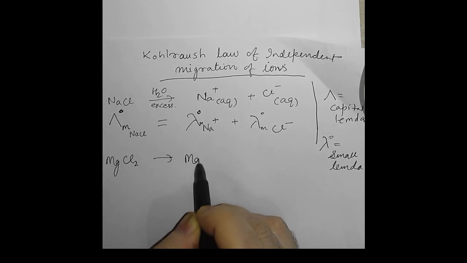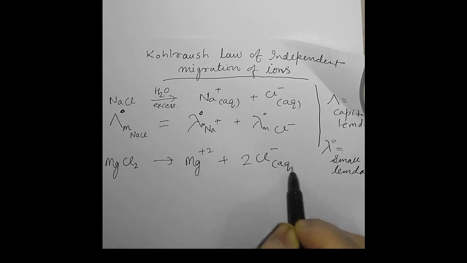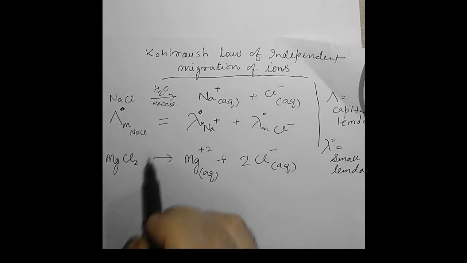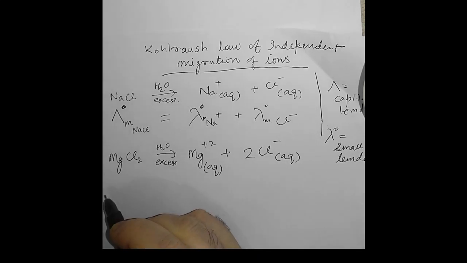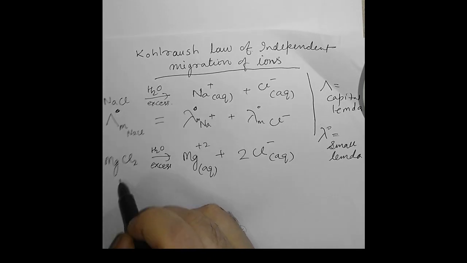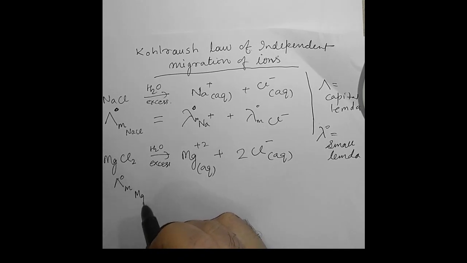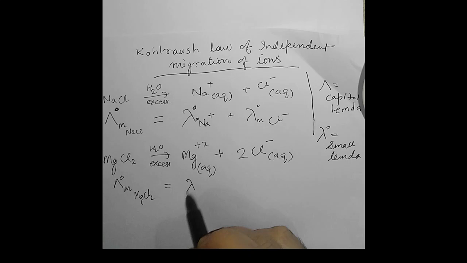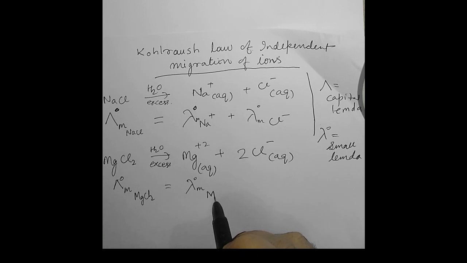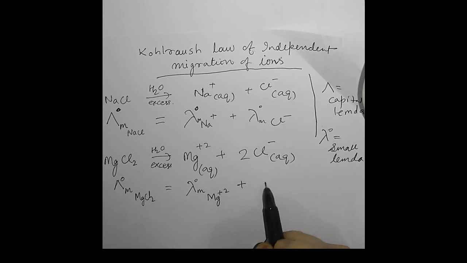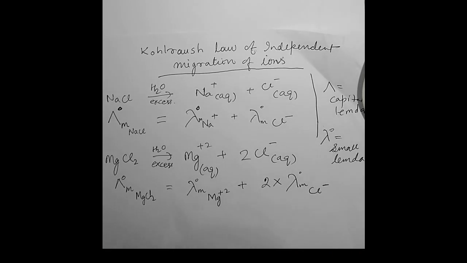MgCl2 will break as Mg2+ plus 2Cl- aqueous in the presence of excess water, that means at infinite dilution, such that the molar conductivity at infinite dilution of MgCl2 will be equal to small lambda m of the individual ions: Mg2+, and there are two chloride ions, so 2 multiplied by the molar conductivity of the Cl- ion.